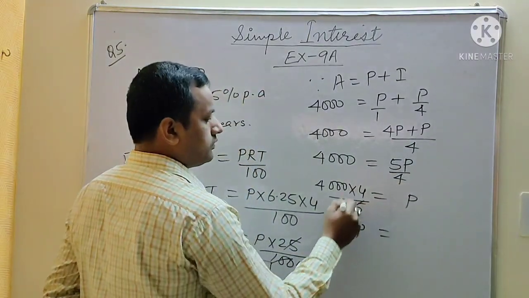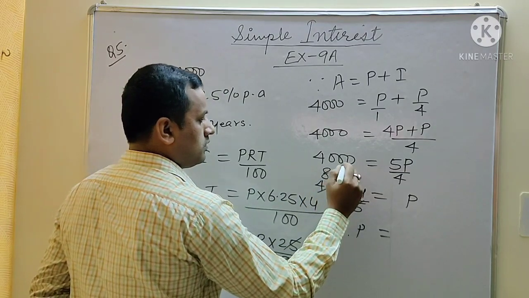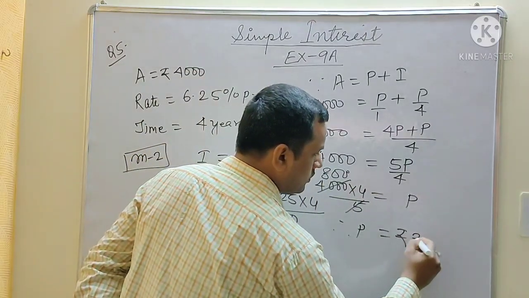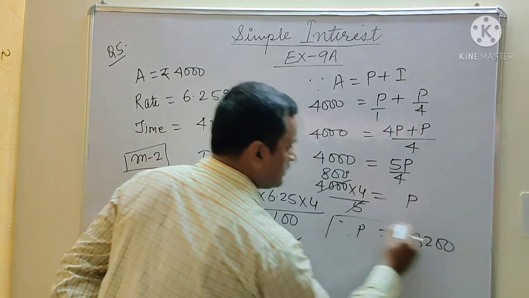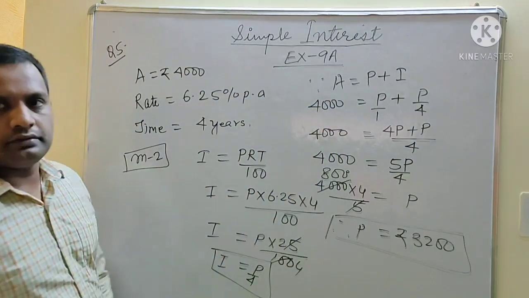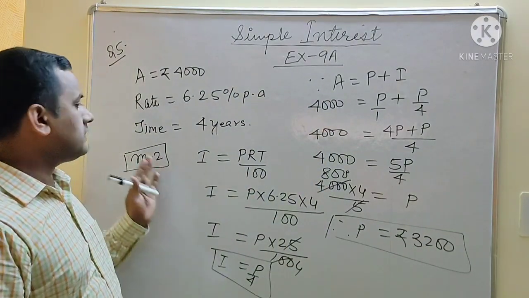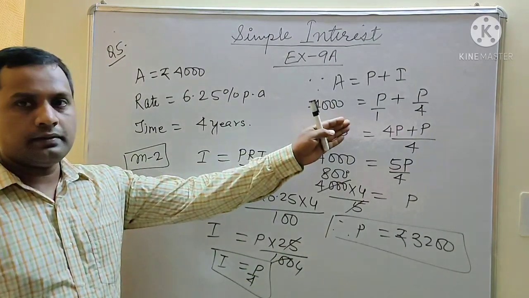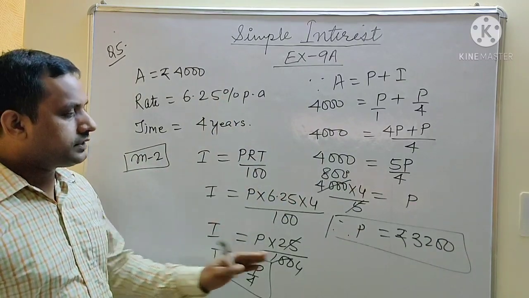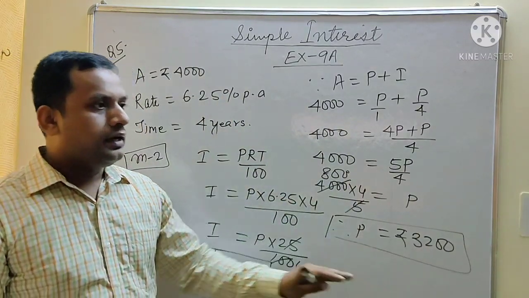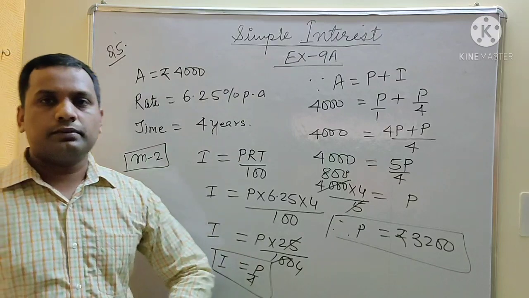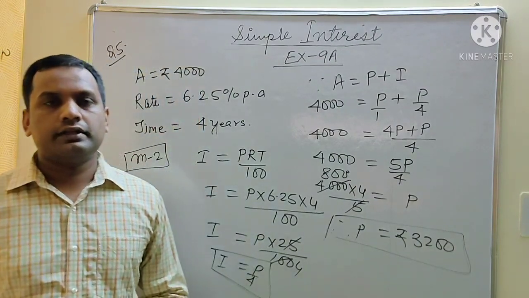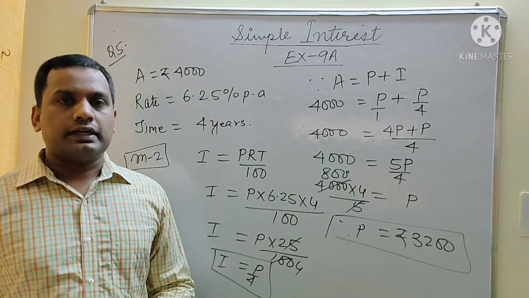Therefore, P is equal to rupees 3200. So now you can see in the same question we can get P using the interest in this manner, and we have calculated the principal 3200 directly using the formula A is equal to P upon 100 into 100 plus RT.